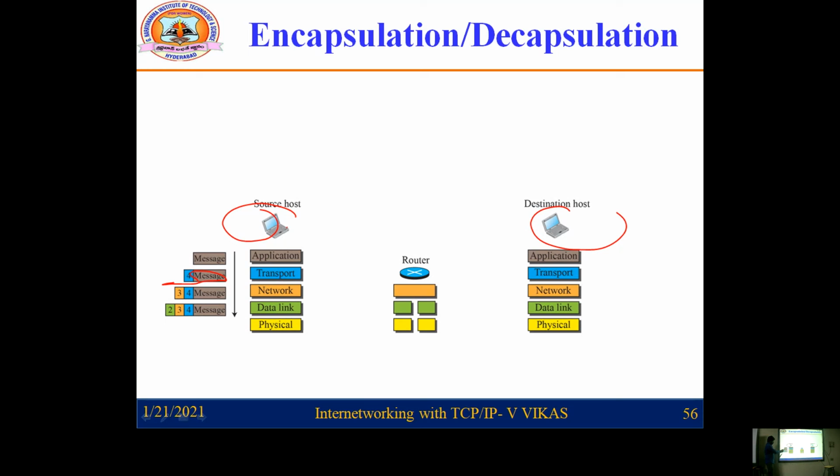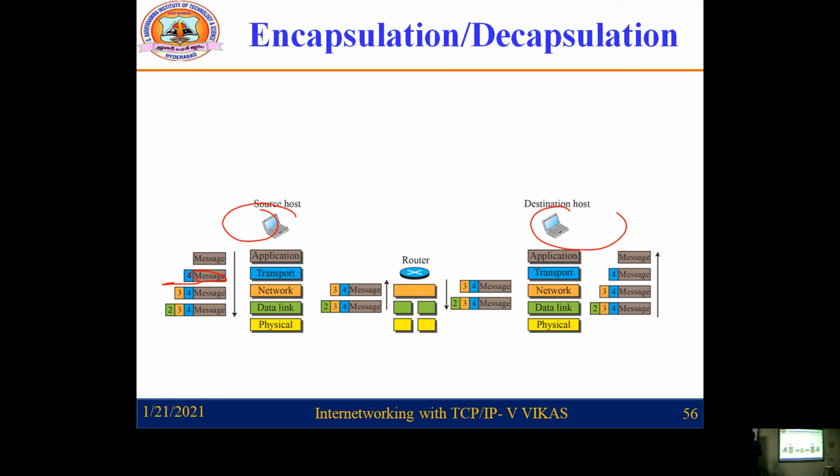Similarly, the complete thing is considered to be the message for the next layer. Like that they will be encapsulating. At the intermediate node, up to the network layer, you are going to decapsulate. Removing headers means decapsulating. Again attaching headers, encapsulating. Again decapsulating. This is how encapsulation and decapsulation works.